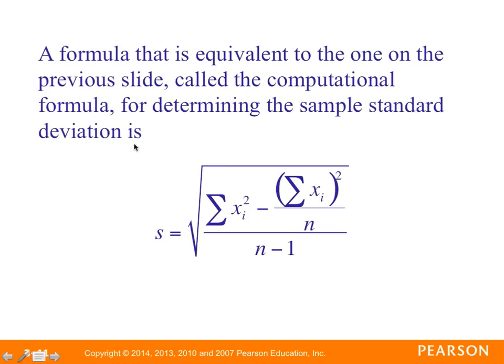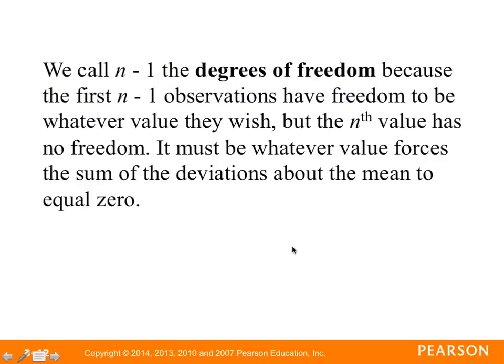Now a formula that's equivalent to the previous one is the computational formula, and that looks a lot like the other computational formula. We take our xi's, square them, sum them, subtract whatever we get when we sum all of our xi's, and then square, divide that by little n, and then divide the entire thing by little n minus 1. And again, n minus 1 is the degrees of freedom because the first n minus 1 observations have freedom to be whatever value they wish.